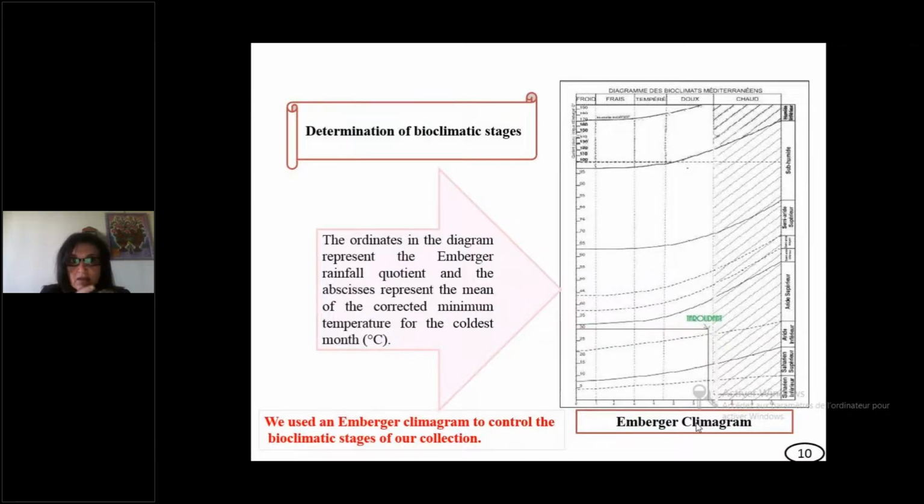The ordinate in the diagram represents the Emberger rainfall quotient, and the axis represents the mean of corrected minimum temperature of the coldest month.